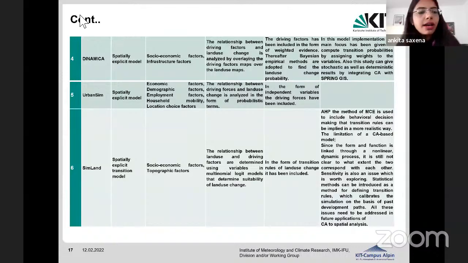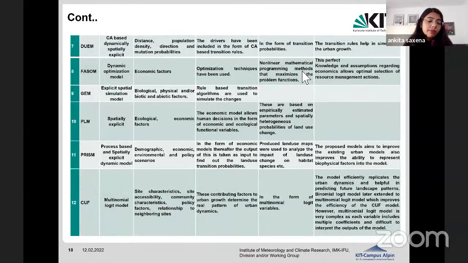Some other models are DUM, which gives us direction and density of urban growth in terms of probabilities. FASOM is a model which considers economic factors also, and uses optimization techniques to derive the best combination of weights for different explanatory variables of urban growth.